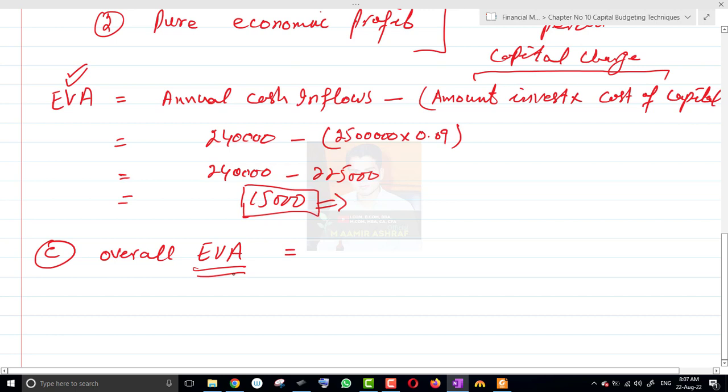What is the formula for overall EVA? Annual EVA divided by rate. Annual EVA is 15,000.